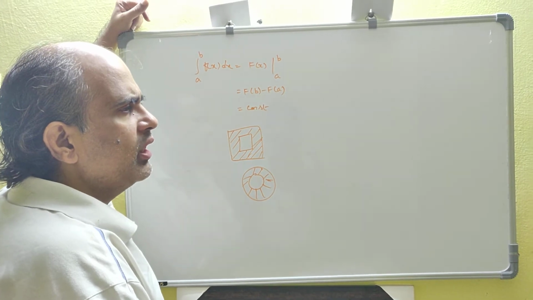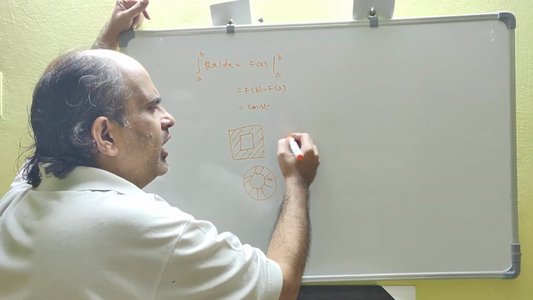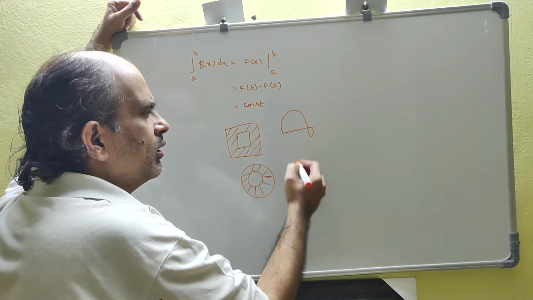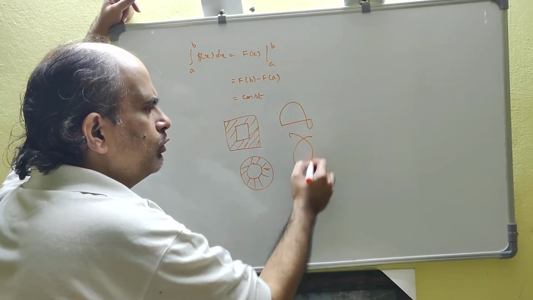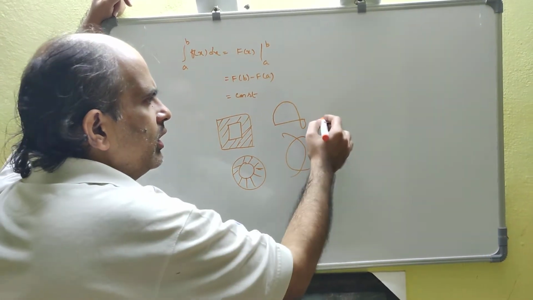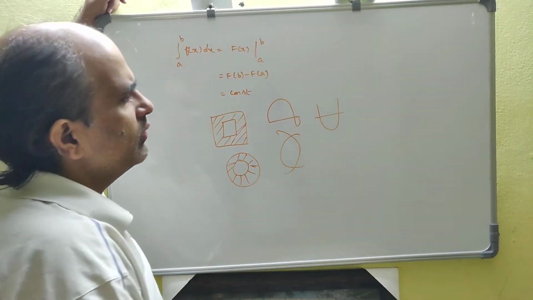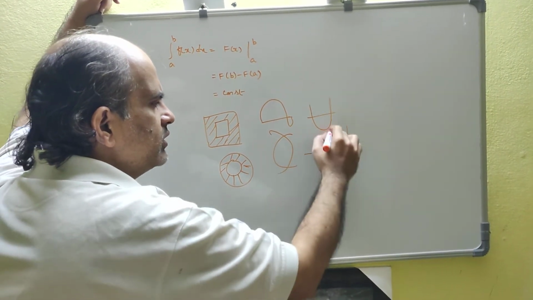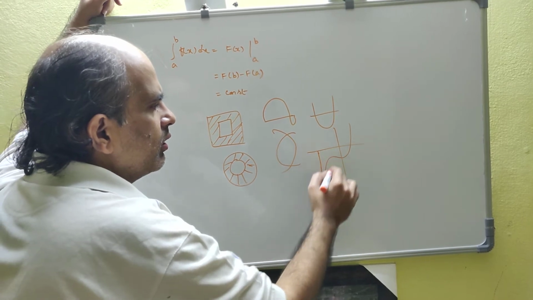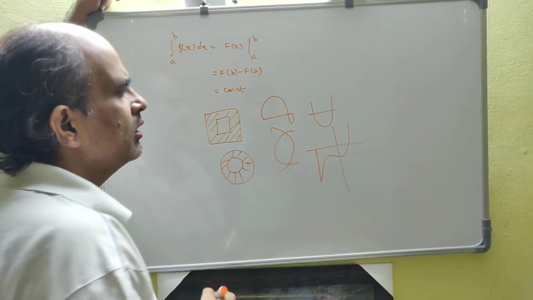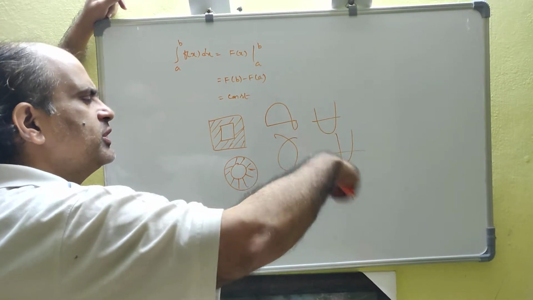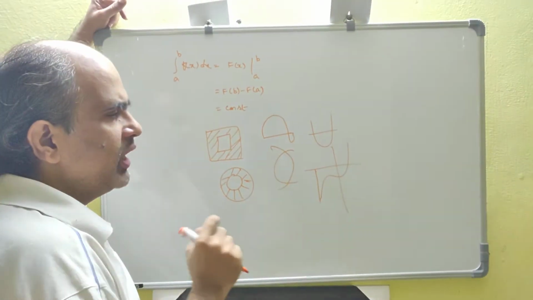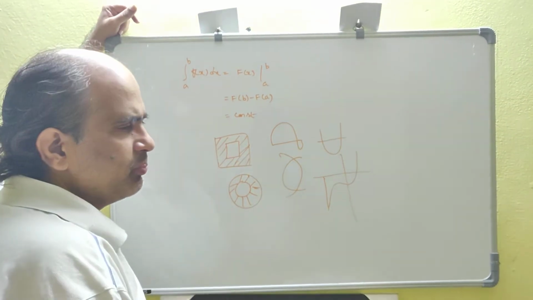Now if I talk about the area enclosed between a straight line and a curve this way, the area enclosed between two curves this way, the area enclosed between a line and a curve this way, in these situations, since they are not specific geometric figures, it would be difficult for us to find the area exactly.